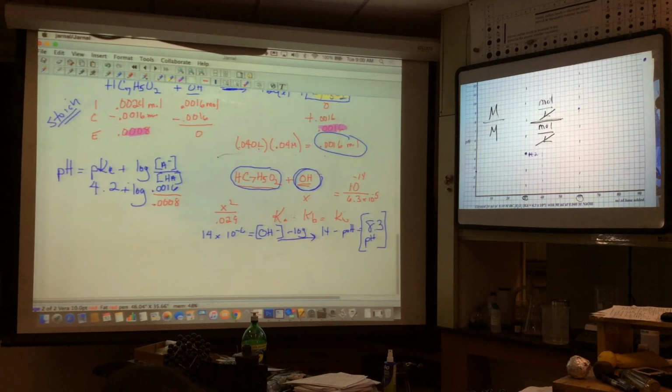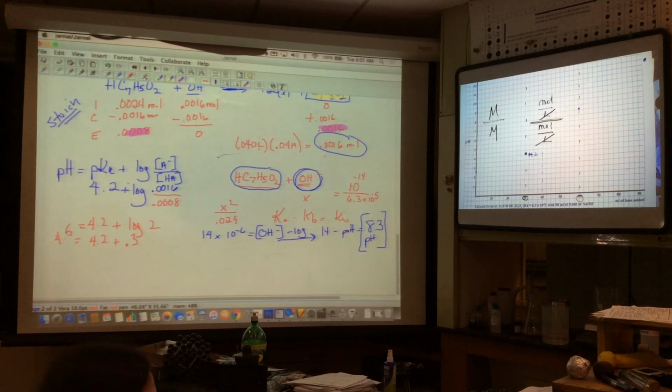What is 0.0016 over 0.0008? 2. So let's do the log of 2 plus 4.2. And what do we get? The log of 2, which is what? 0.3, right? Notice it's a positive number. I'm adding it to 4.2. What's my pH? 4.5.